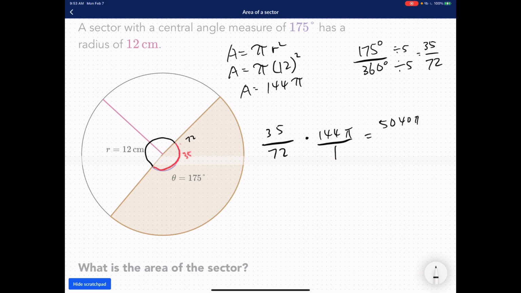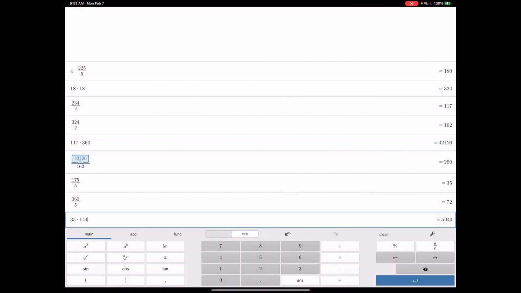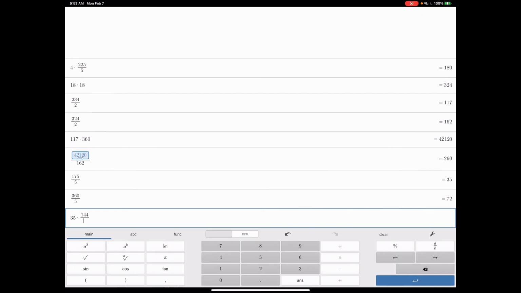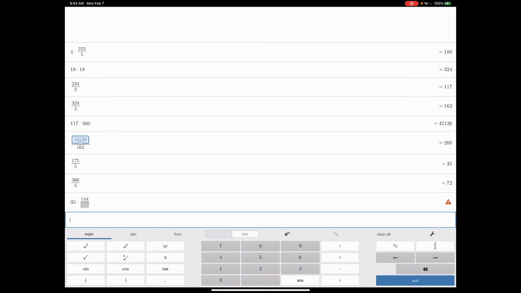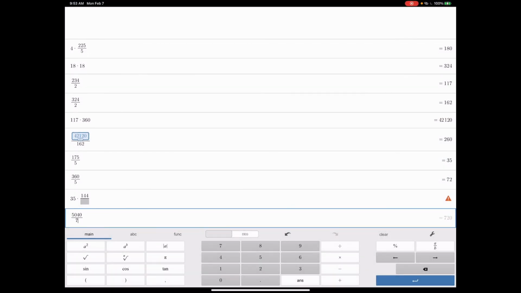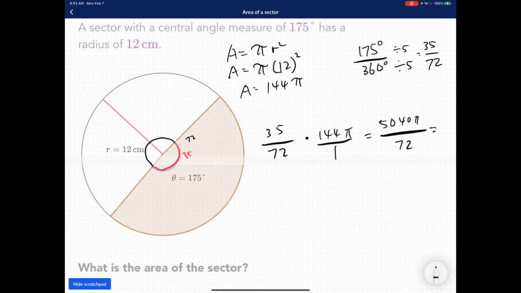So 5040 pi over 72 times 1, which is 72. We're going to divide 5040 by 72, which is 70, and so my answer is 70 pi.